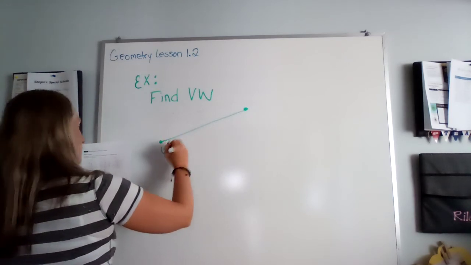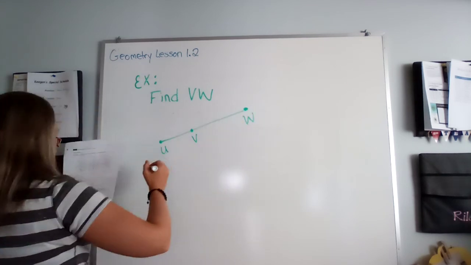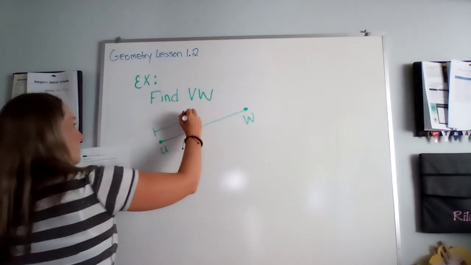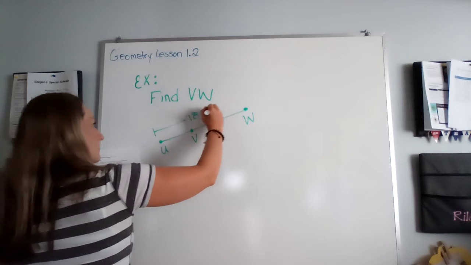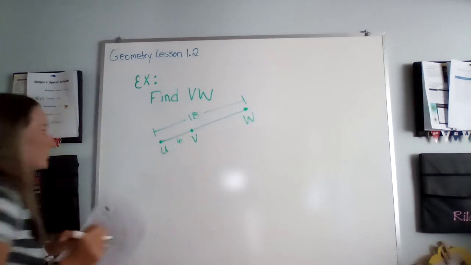This is U, V, W. You're told that the whole thing is 18 units long, and this piece is 6.